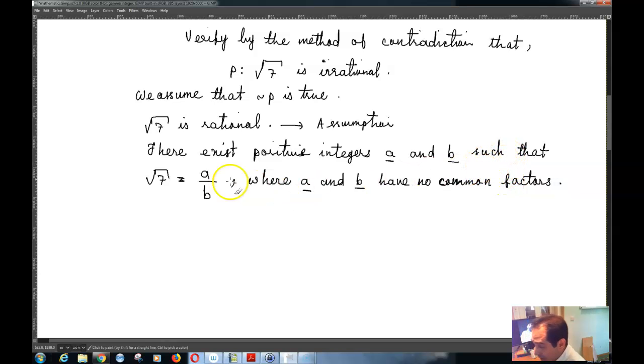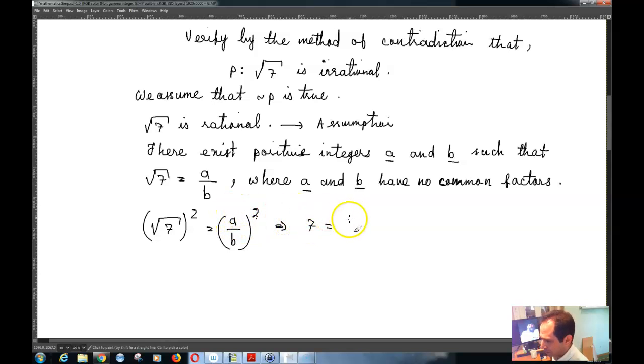Now, if the square root of 7 is equal to a divided by b, I can square both sides of this equation, meaning the square root of 7 whole squared is equal to a divided by b whole squared. That gives me 7 is equal to a squared divided by b squared.